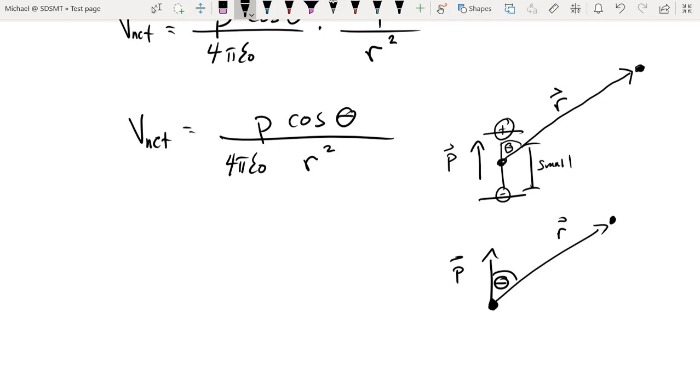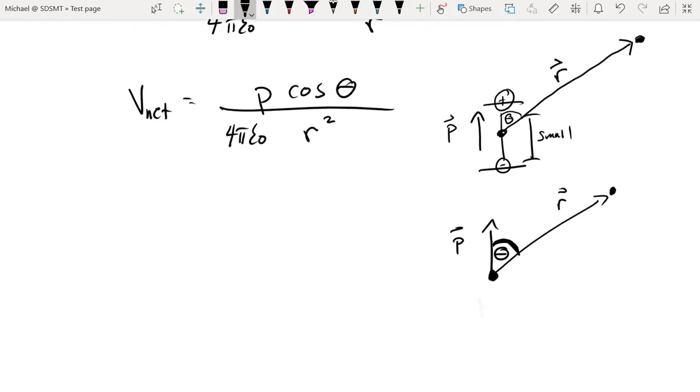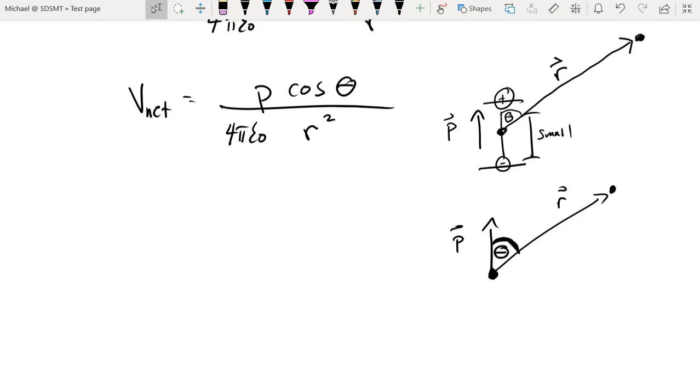We're talking molecular size versus, who knows, maybe a centimeter away or even a millimeter. That's going to be orders of magnitude larger than the separation distance between the charges. And so this is a relatively safe assumption to say that we're dealing with the same theta value.